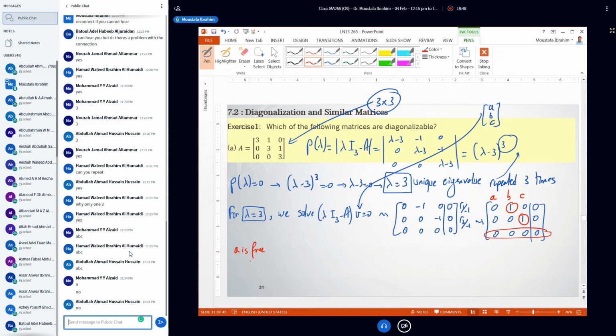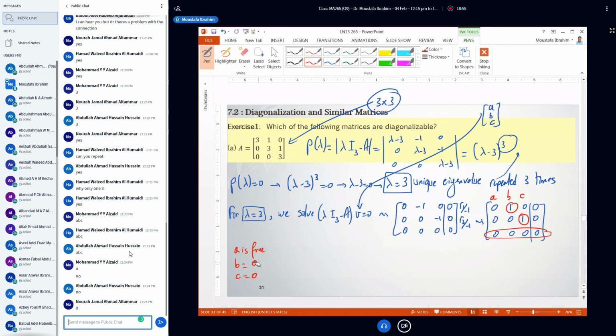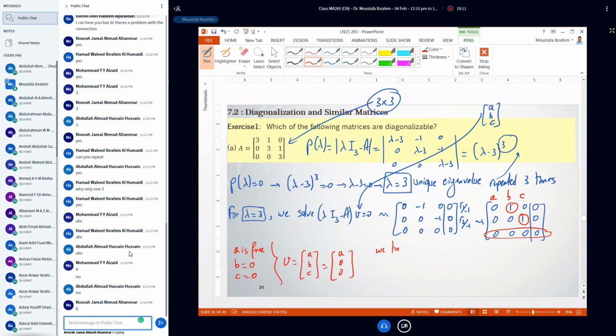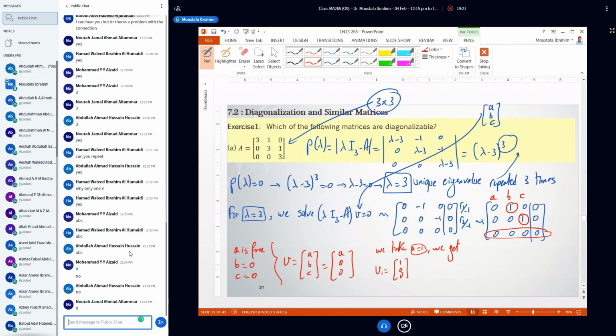No. So we will get only one eigenvector. b equals 0, and c equals 0. Right? Very good. So V, which is (a, b, c), will be (a, 0, 0). We take a equal 1; you can take any value. We get V1 equals (1, 0, 0), the unique eigenvector.